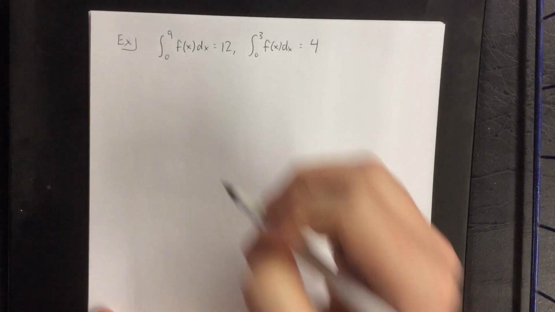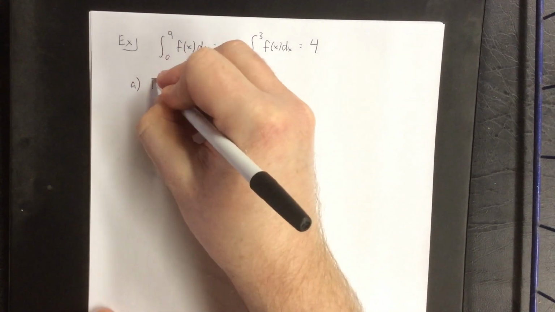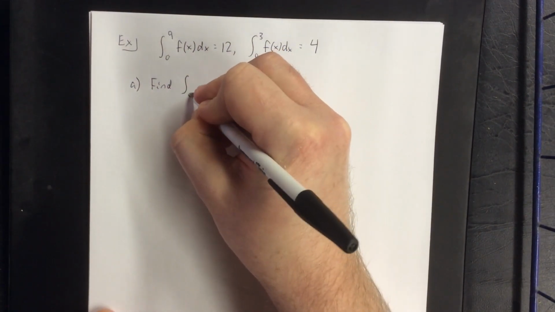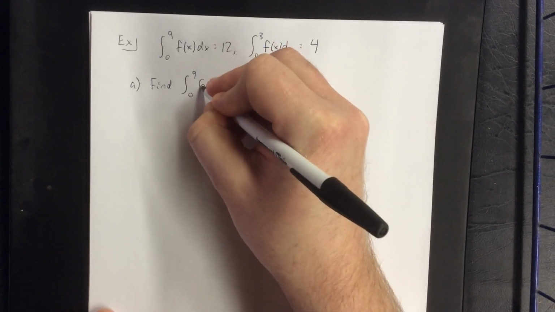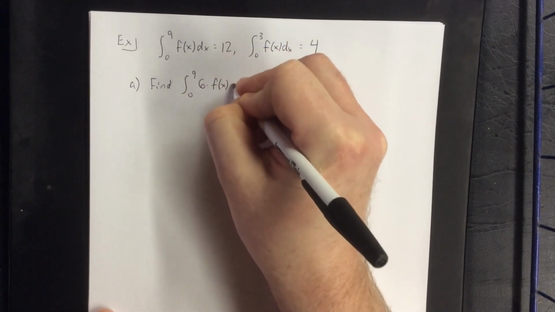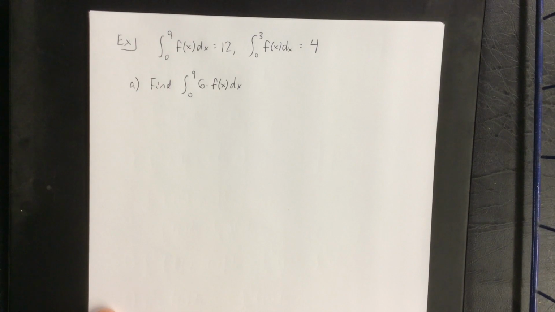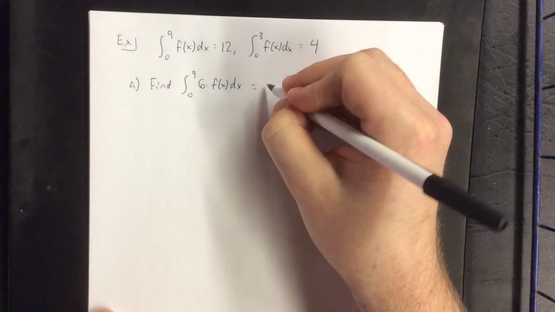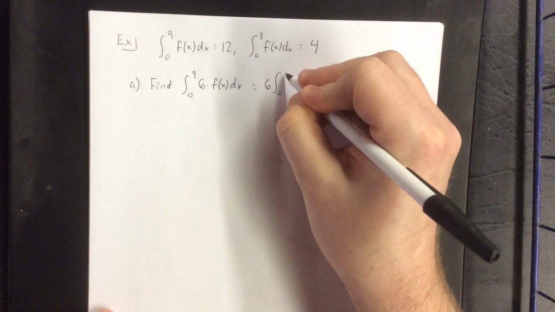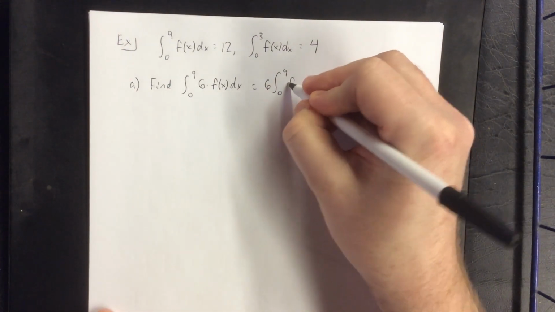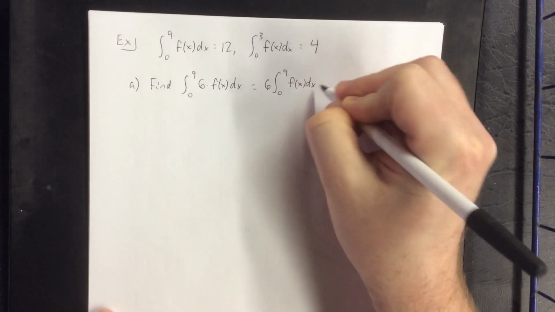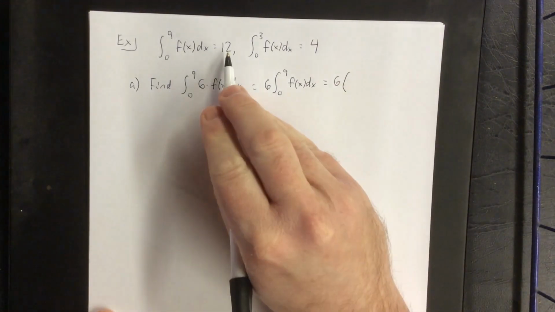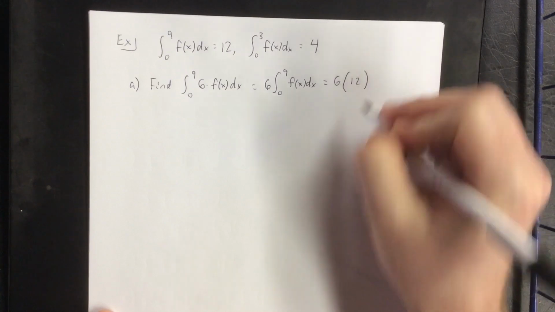If I asked you to find the definite integral from 0 to 9 of 6 times f of x dx, recognizing that 6 is a constant multiple, it can be pulled outside of the integral, and this could be 6 times the definite integral from 0 to 9 of f of x dx. We have something for this. That would be equal to 6 times this, 12.